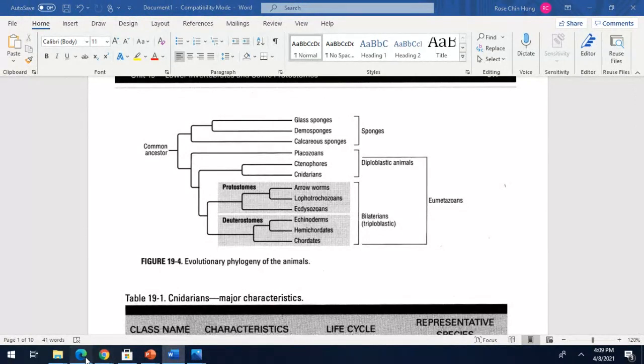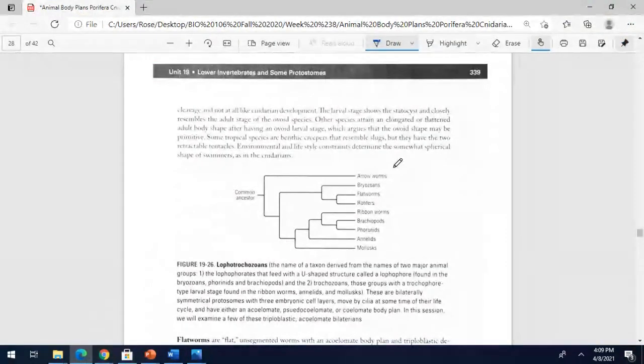So the Lophotrochozoans here are this group here. This figure you need to know. This is the Lophotrochozoan lineage in the protostomes, and it consists of arrowworms, bryozoans, flatworms, rotifers, ribbonworms, brachiopods, phoronids, annelids, and mollusks.